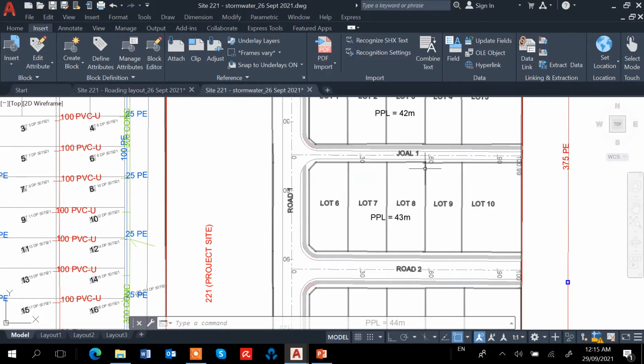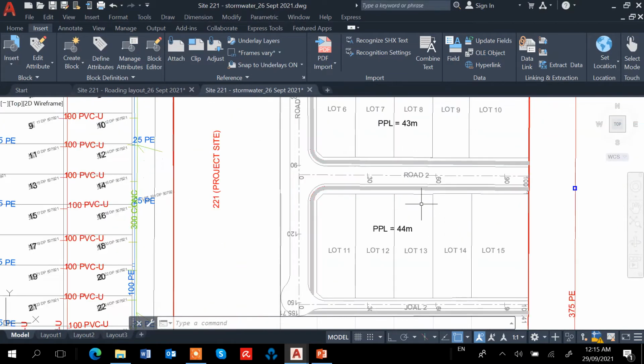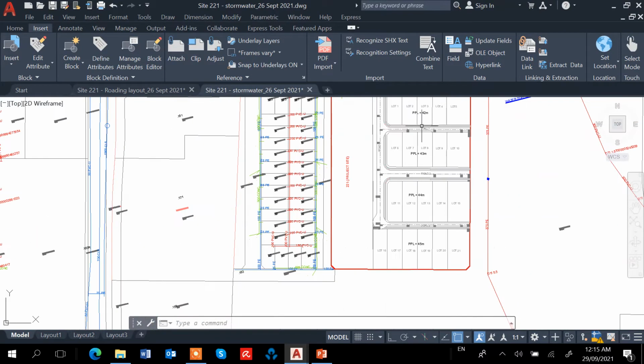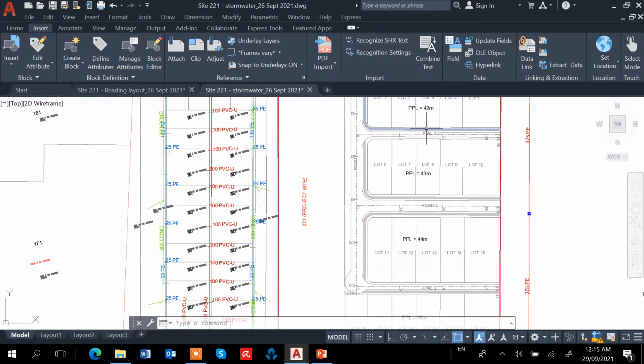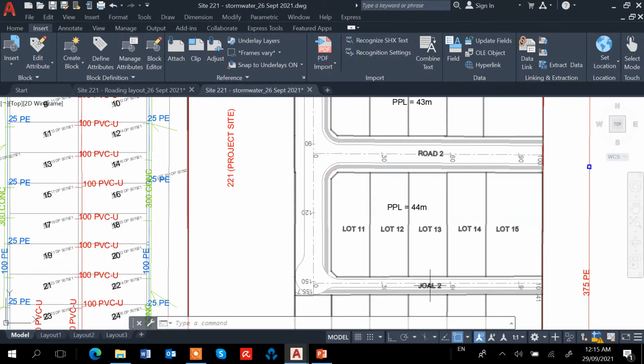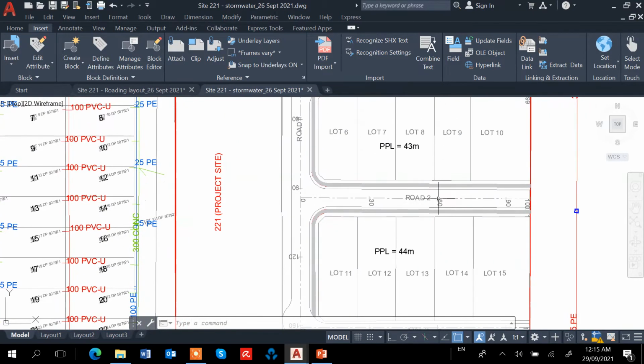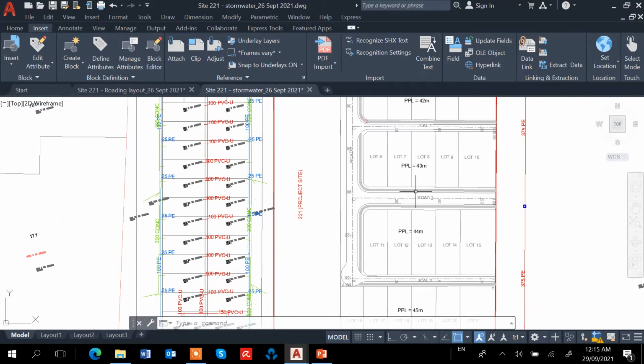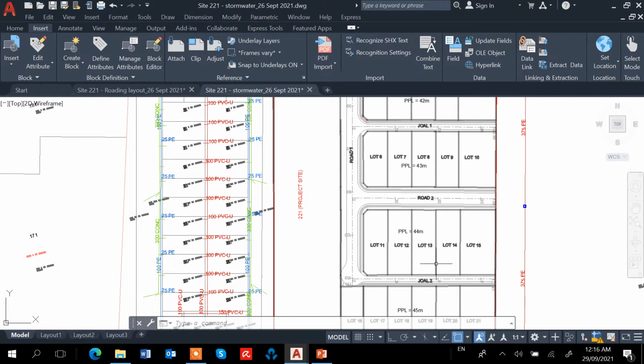And then road 2 is flat. Road 1 and road 2 are flat as well. This one has a much bigger area, because I'm going to put the stormwater pipe to serve this platform and this platform. So this one's going to be bigger.